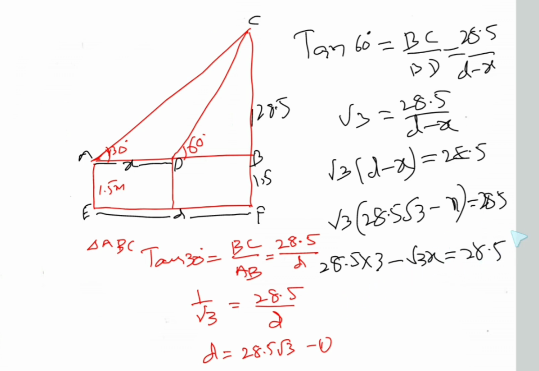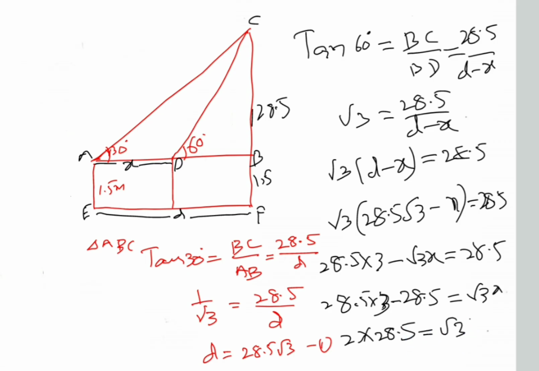Therefore, taking root 3 x to the right side, 28.5 into 3 minus 28.5 is equal to root 3 x. 28.5 is common, 3 minus 1, that is 2 times 28.5, equal to root 3 x.